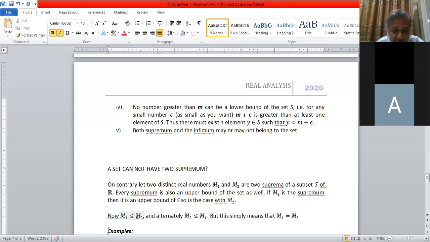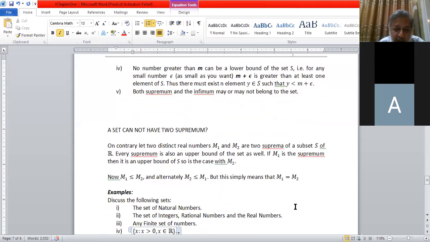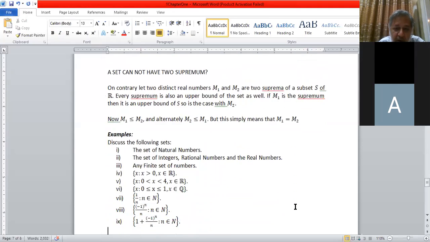But if m2 is the supremum, it has to be less than or equal to m1. If m1 is the supremum, then it has to be less than or equal to m2, and that simply means that they cannot be distinct, they have to be the same. In short, whenever we have any bounded set, it will have a unique supremum, a unique infimum, a unique least upper bound, and a unique greatest lower bound.